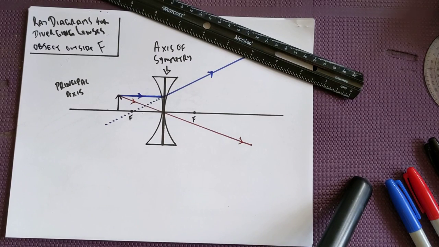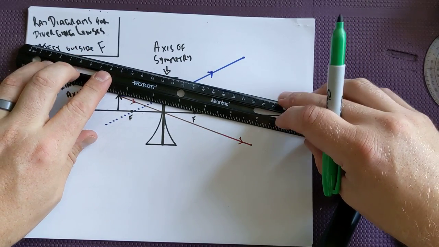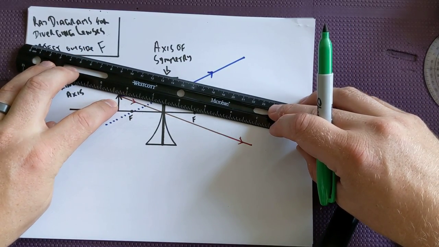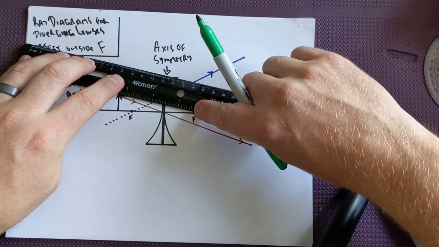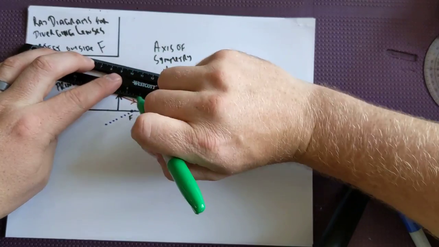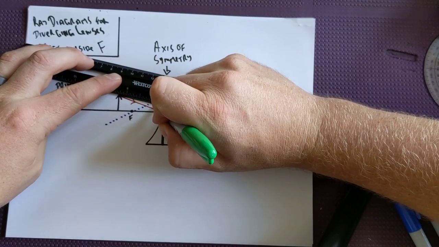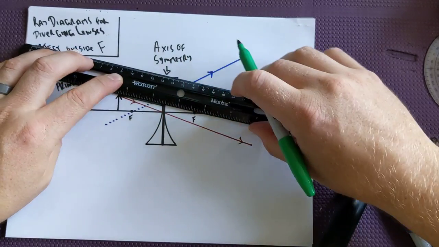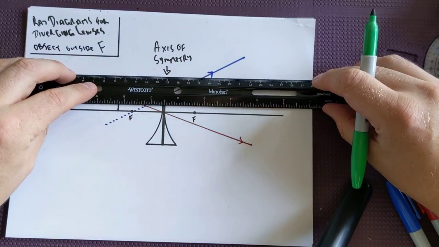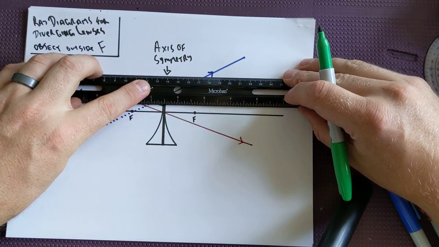And then the next ray is going to travel from the top of the object through the focal point on the other side of the lens, except the light is going to stop at the lens here, and it's going to travel parallel to the principal axis.